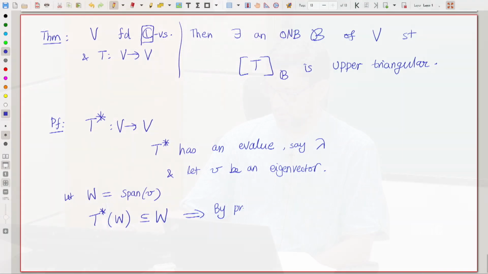So an eigenvector of T star is nothing but a one dimensional T star invariant subspace. Okay. So now I can use my previous little proposition which says if a subspace is invariant under T star, its perp will be invariant under T. I am just replacing T with T star in this case, which implies by the previous proposition T of W perp is a subset of W perp.